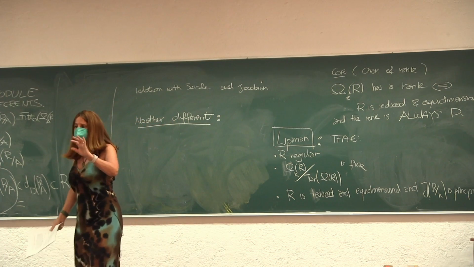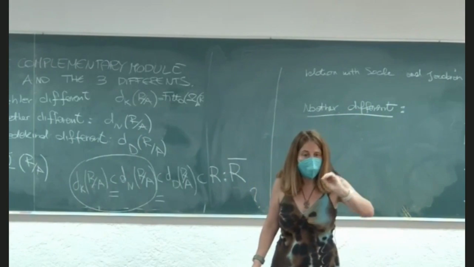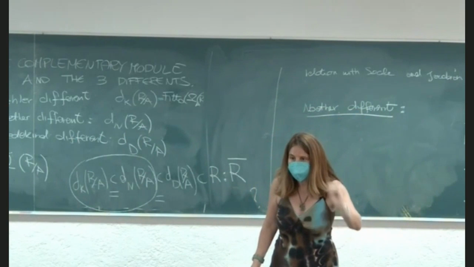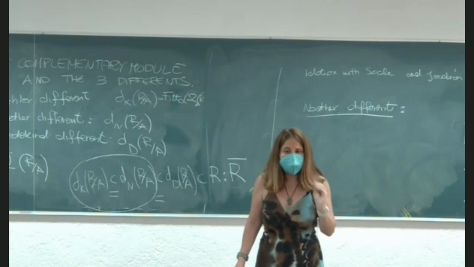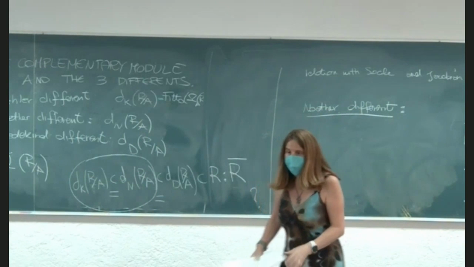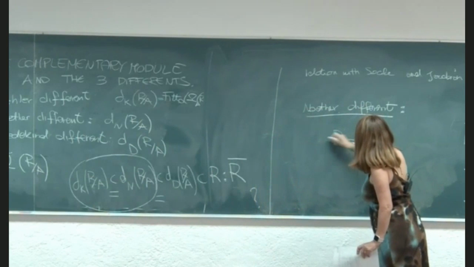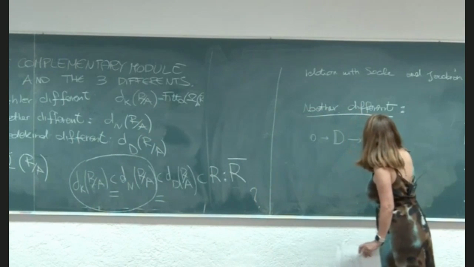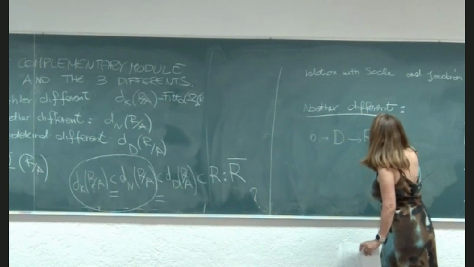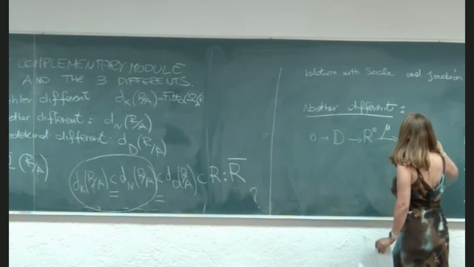So to define the Noether different, you have to go back to the third definition of the module of differentials. Remember, the third definition used the enveloping algebra. Okay? So we had the diagonal ideal was the kernel of the multiplication map from the enveloping algebra to R. Okay?